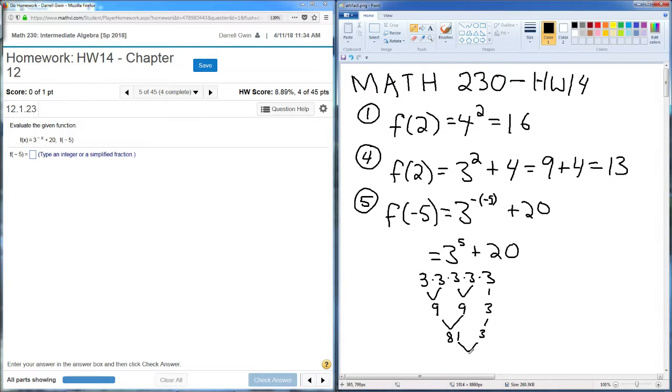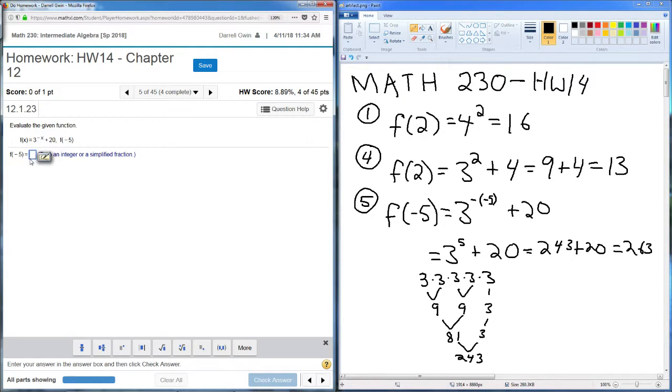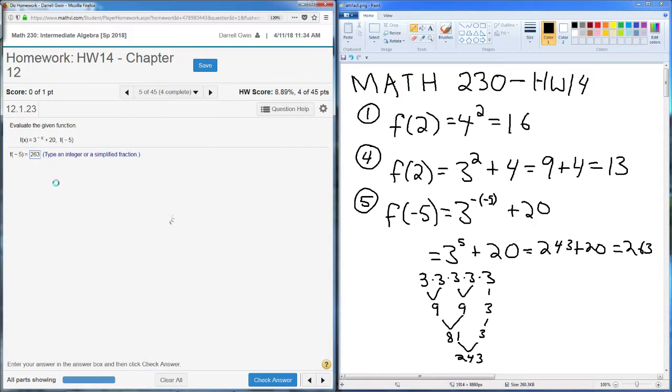And 81 times 3 is 243. Whew. 243 plus 20. You should use a calculator to make sure you're right when you do this. And that's 263.